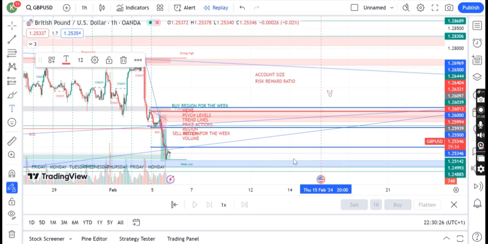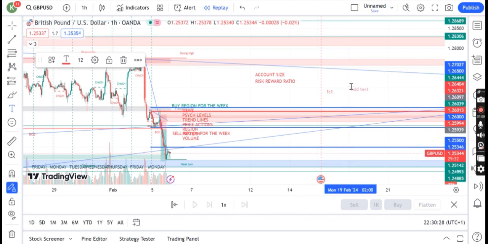So it is saying that you either gain 0.1 USD or you lose 0.1 USD. So that's the meaning of 1:1. Okay, now look at the difference.